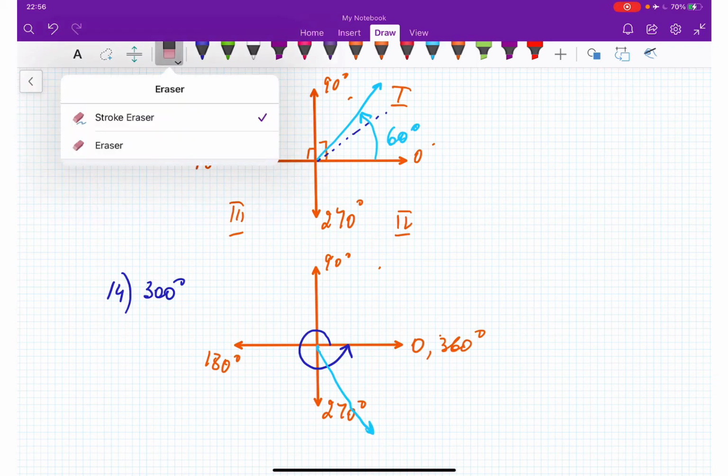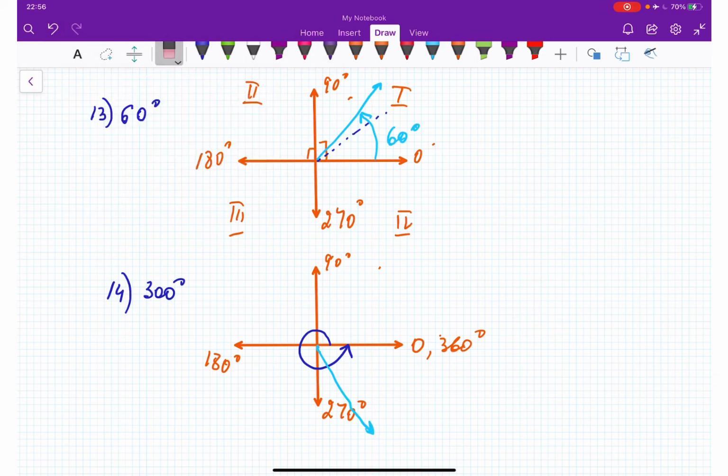Which means I'm going to shorten this 360 degrees, and this is going to be my 300 degrees. So either this angle is going to be 30 degrees, and this angle is going to be 60 degrees, but negative, negative 60 degrees, because we are going clockwise.